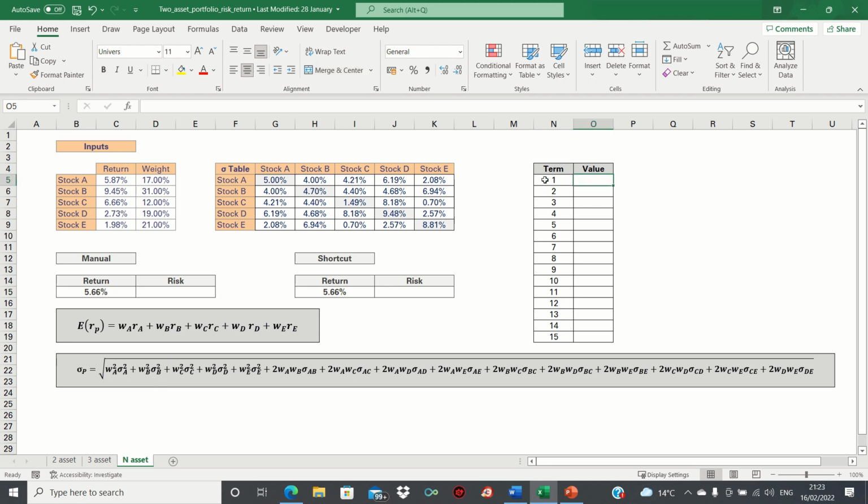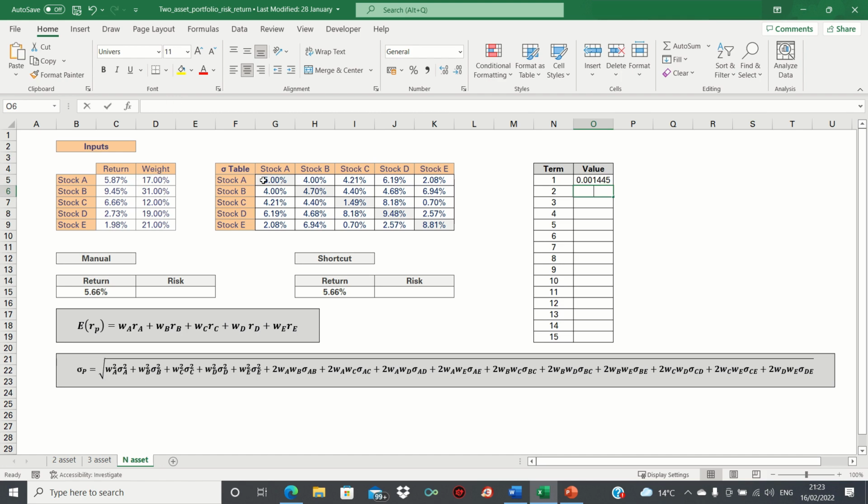The first 5 terms are calculated by taking the weight of each asset squared and multiplying this by each asset's variance. For term 1, we take 17%, which is the weight of A, to the power of 2, and then multiply this by 5%, which is stock A's variance.